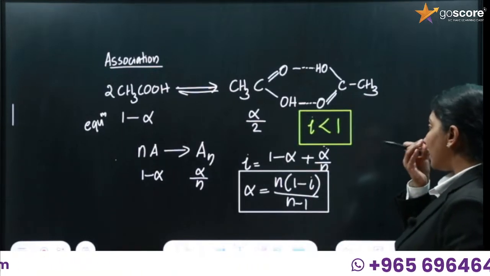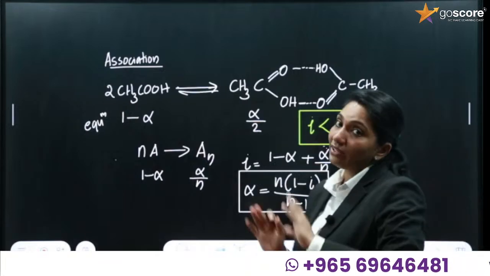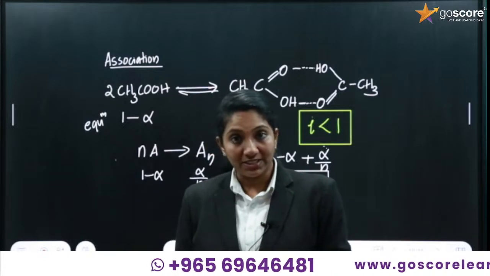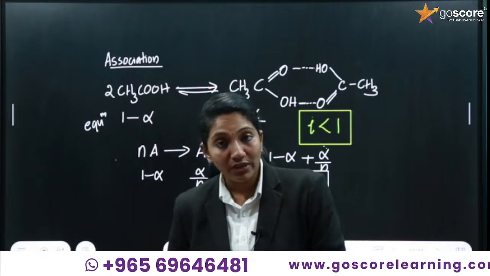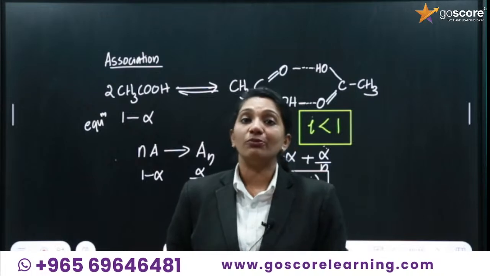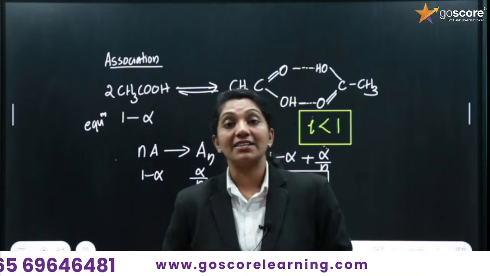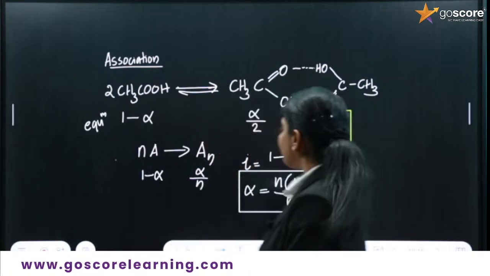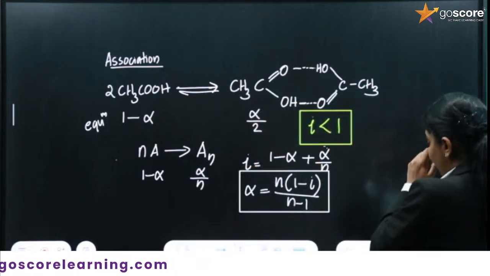So if you are getting a Van Hoff factor I value less than 1, it indicates that the electrolyte is associating. And if you are getting a Van Hoff factor I value greater than 1, it indicates that dissociation is occurring.